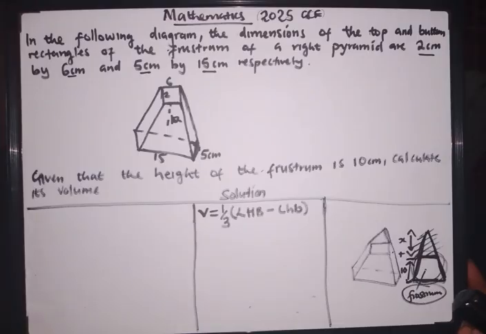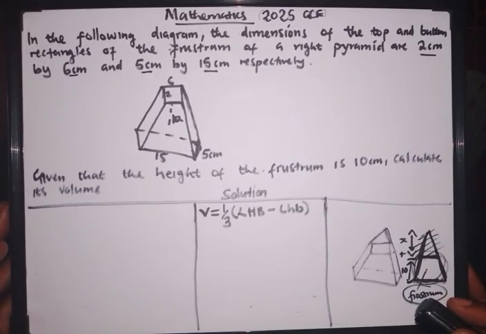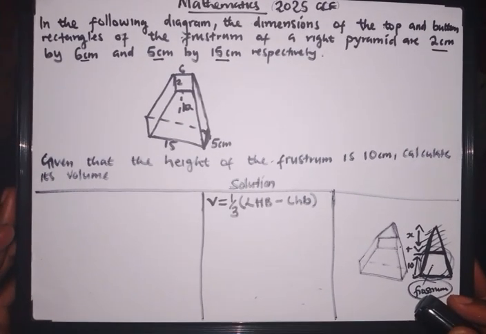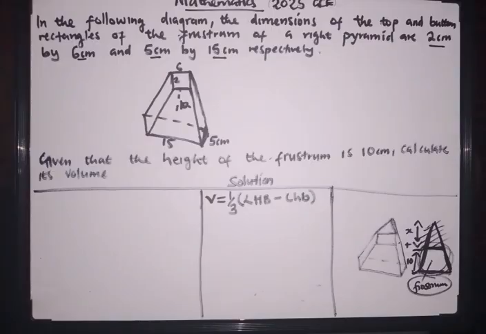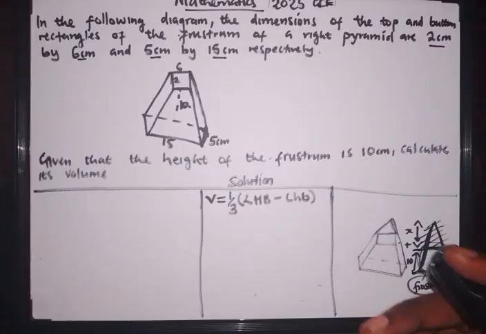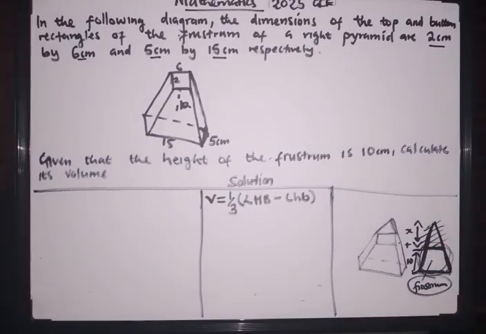How do we calculate the height of the smaller pyramid? The way we can calculate the height of the small pyramid is by using what is known as similarity and congruence. What do you mean by similarity and congruence? This is a topic which compares shapes.